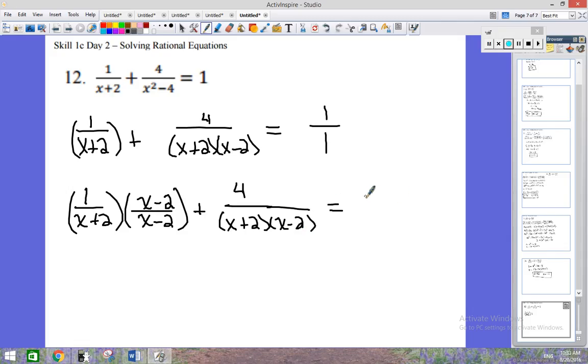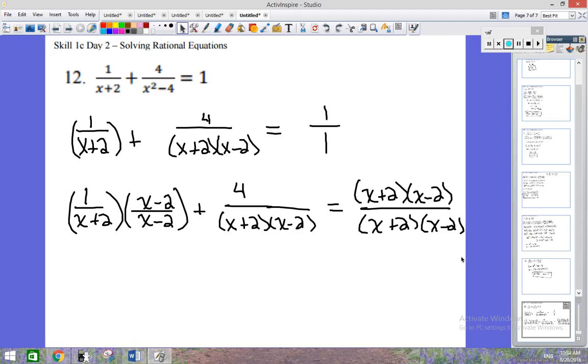And over here, that's just 1, so what we want to do is rewrite the number 1 as x plus 2 times x minus 2, over x plus 2 times x minus 2. Now every denominator is the same.